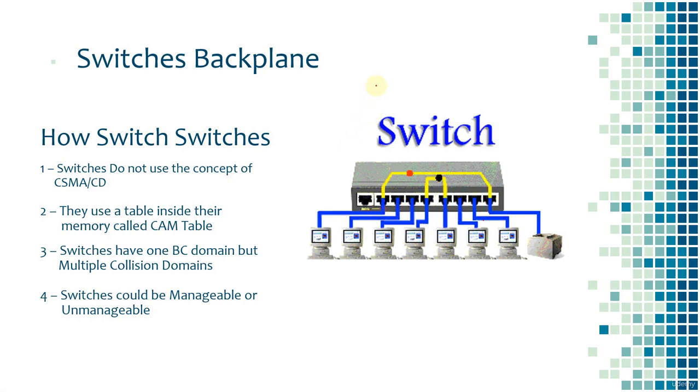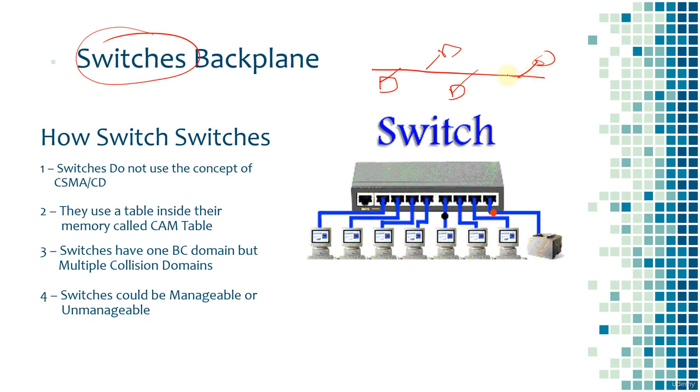We know that we had a problem in the bus topology, so the engineers came up with the idea of switches, and we have already talked about switches in detail. In the bus topology, we have the same cable where all these computers are attached. If this sender is sending a packet and maybe this one is also sending a packet, there could be a collision.